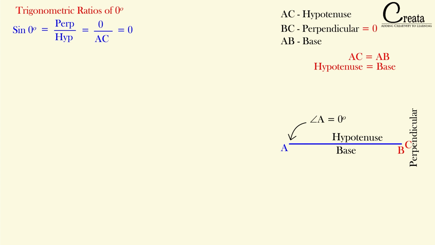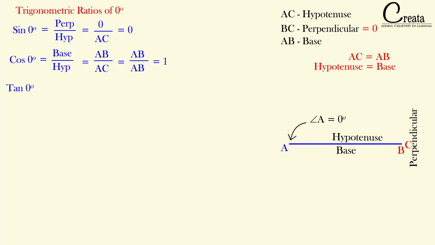Further, let's find cos 0 degree, which is base upon hypotenuse. Base is AB and hypotenuse is AC, and we got that AB and AC are equal to each other. So we got cos 0 degree is equal to 1. Okay, we got sine 0 degree is 0 and cos 0 degree is 1.